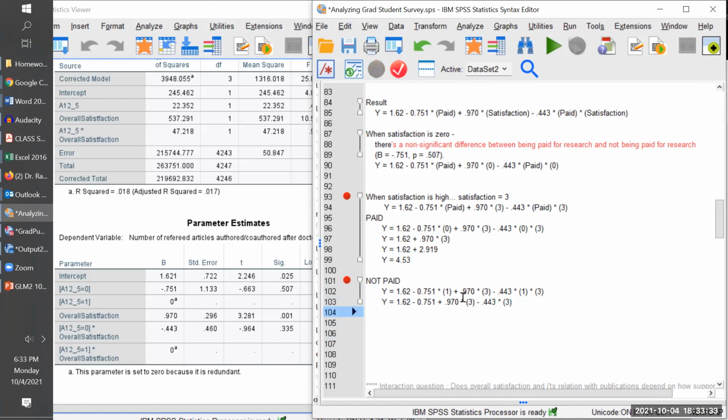You just did that math to get us 1.62 minus 0.751 plus. You did that math to give us 2.919, which is this times 3, minus, can someone do 0.443 times 3? 1.329. Okay, let's keep going.